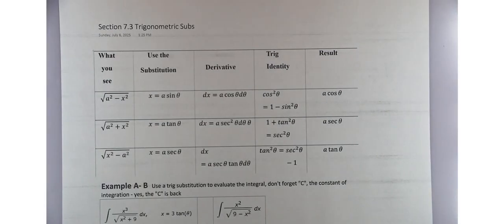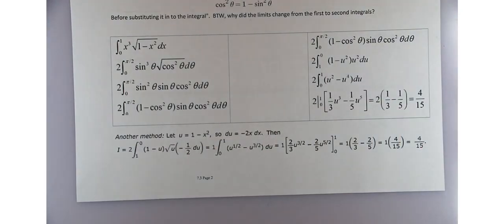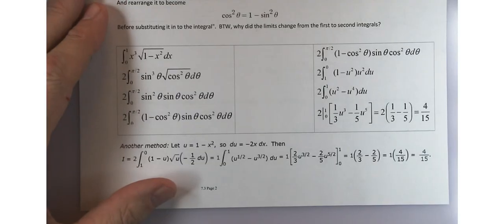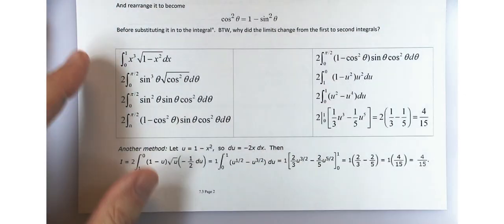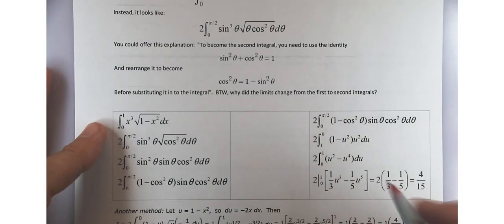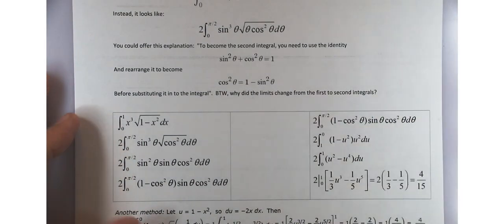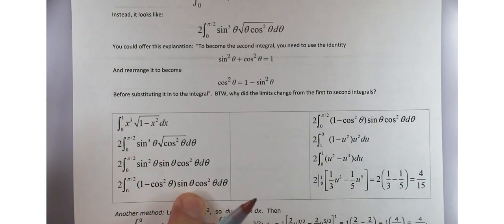Kind of a fun one that you can play around with for yourself when you're done is this one. I've done a lot of the work here for you. You can see if you can fill in some of the details.